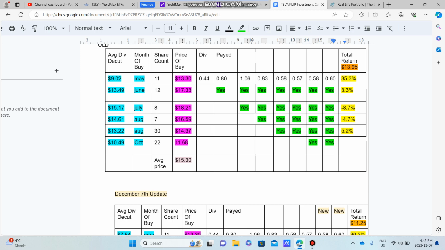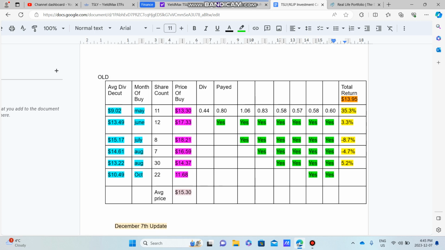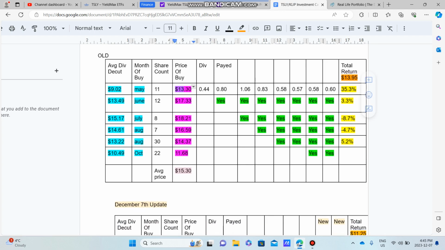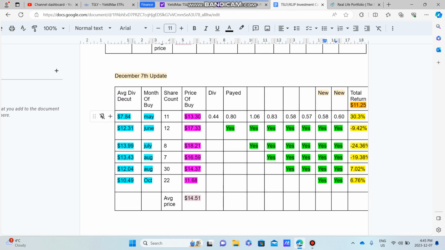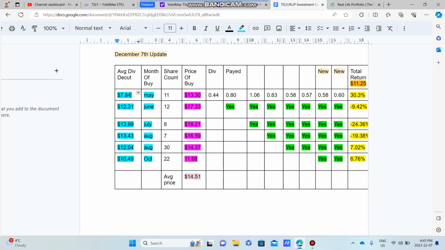The reason I want to show you this is because before, when TSLY was up to $13.95, my position where I started out at $13.30 was up about 35%, as you can see on the right side here. Now, with those two new dividends added, and all the dividends paid out over the length that I've owned the stock, I'm down to an average share price of about $7.84 on those shares, which represents a 30% gain even with the stock at $11.25.